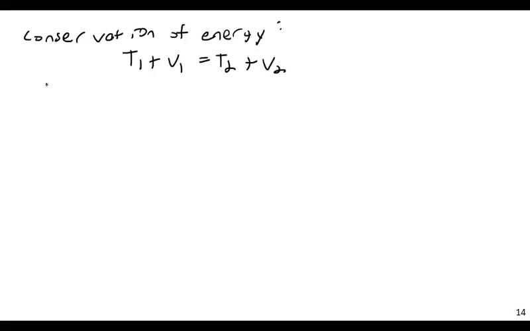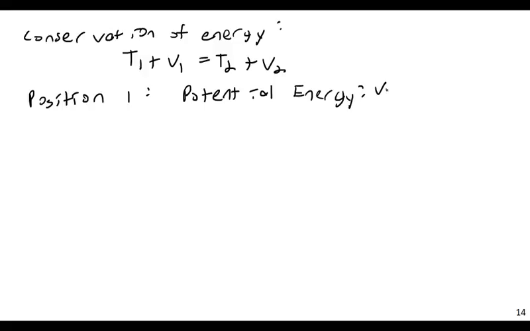So let us look at the energy breakdown here. At position 1, the potential energy, V1, is simply MA G times L. That's the only potential energy.